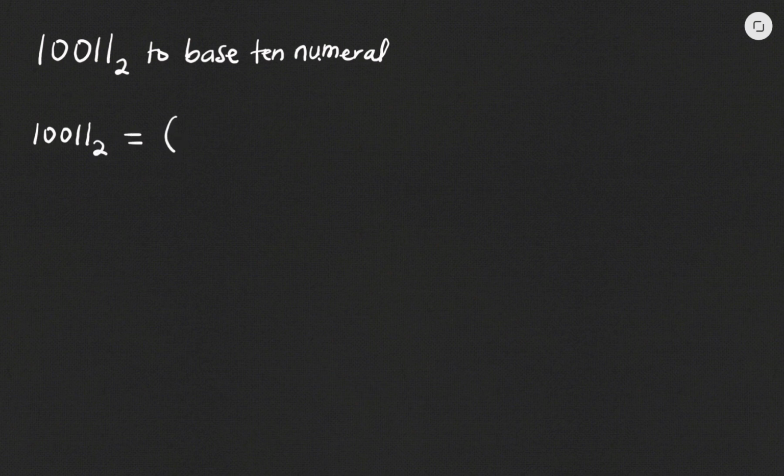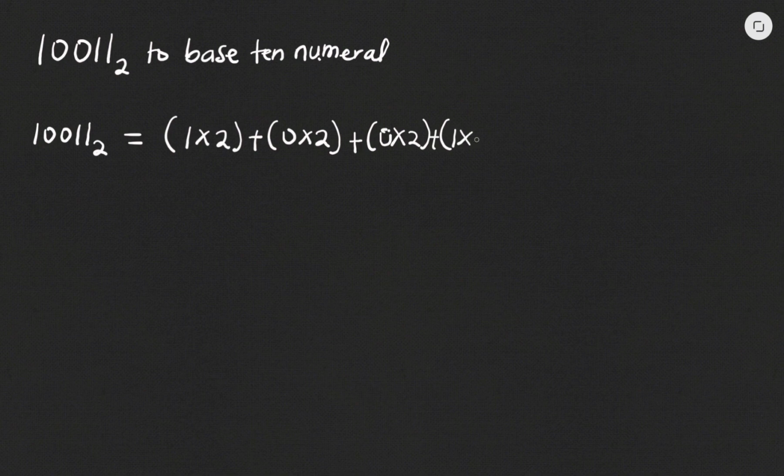So we do the usual. 1 multiplied by the base, which is 2 in this case, then the first 0 multiplied by the base, plus the second 0 multiplied by the base, plus 1 multiplied by the base, plus the last 1 multiplied by the base.